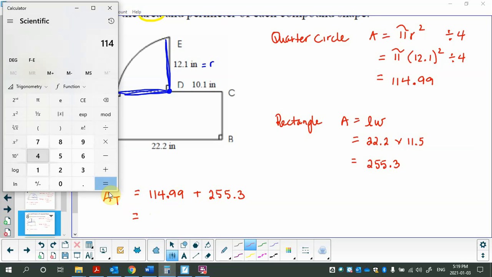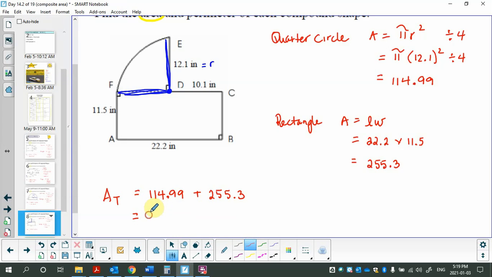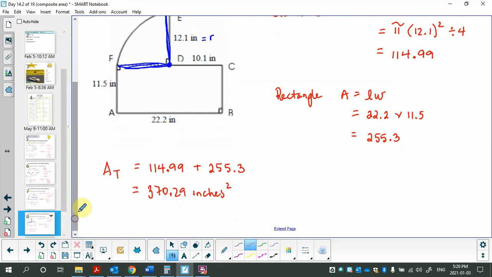Whoa. 370.29. And this is where I am not allowed to be a rebel. Ta-da! All right, so that is that, and your job is to get ready for the mid-quadmester assessment tomorrow.